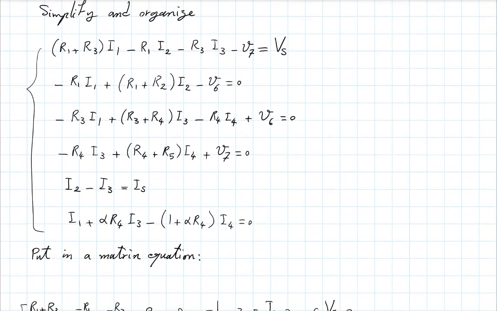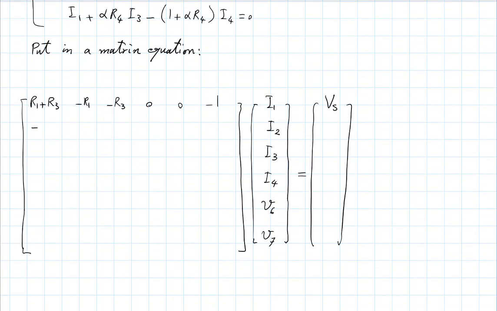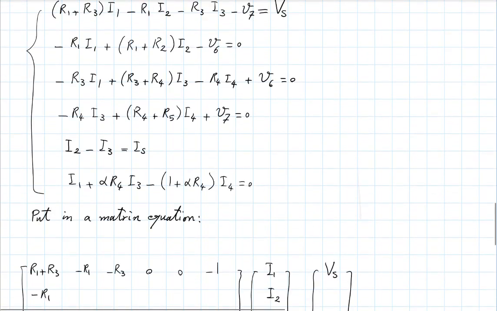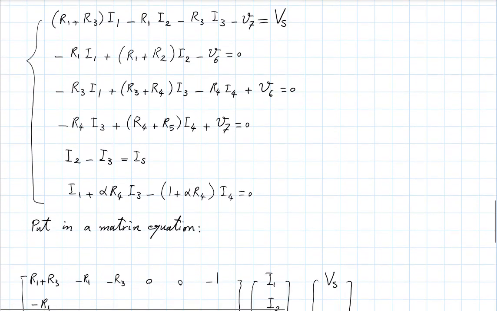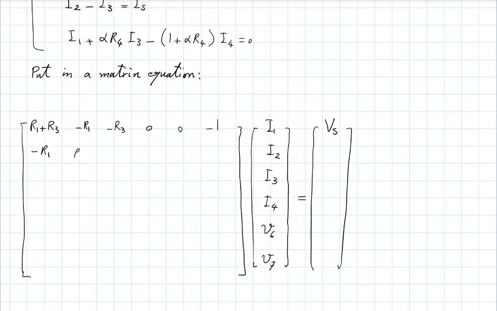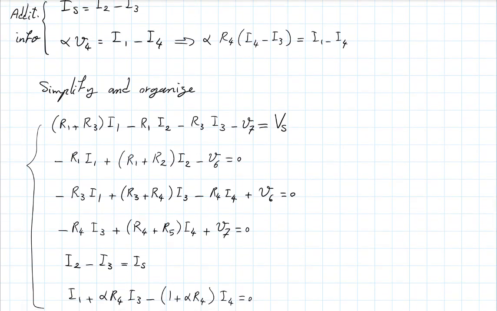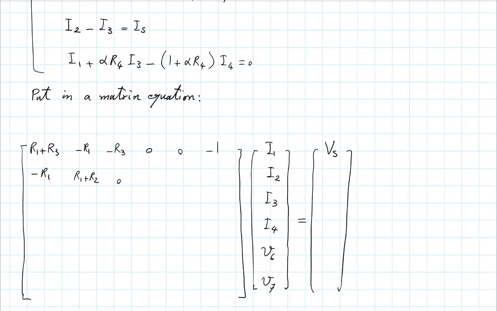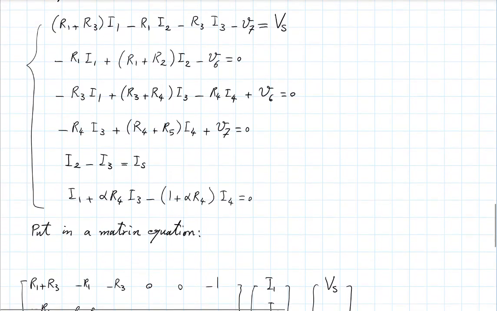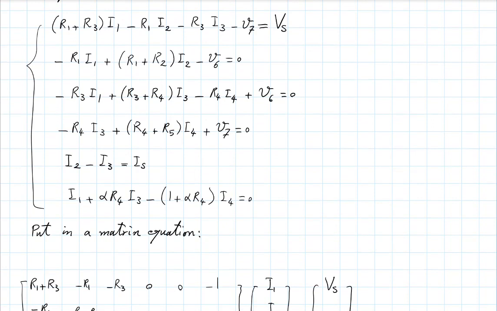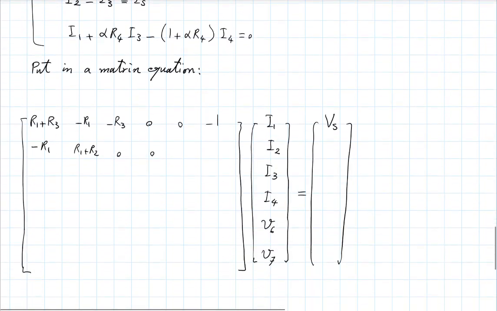And so for the second line, I have minus R1, then R1 plus R2, and then for I3 and I4, they don't appear, so their coefficients are 0. But I have minus 1 for V6 and 0 for V7, and on the other side there is nothing.